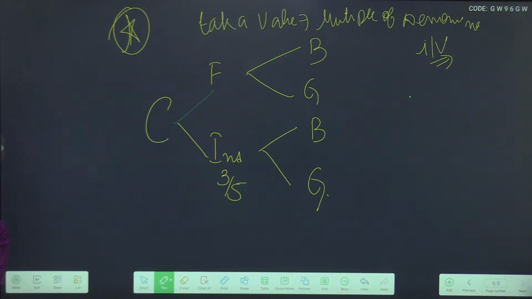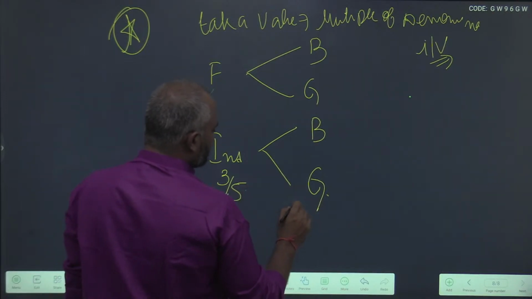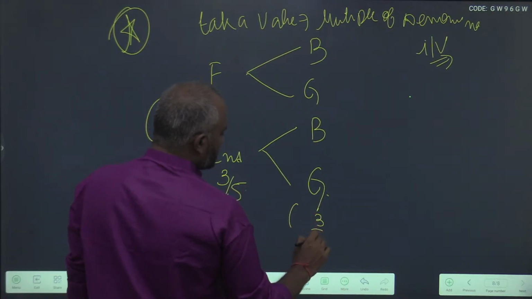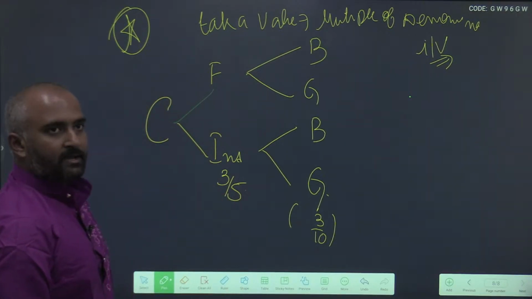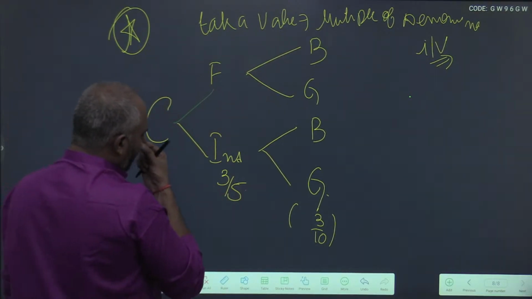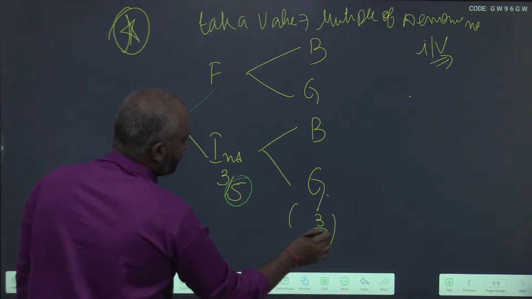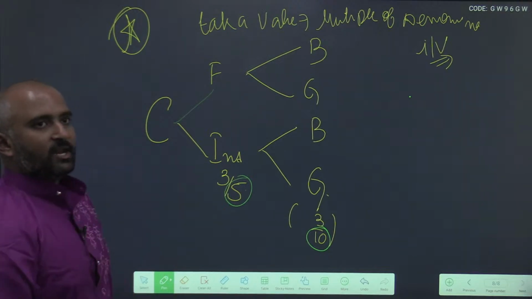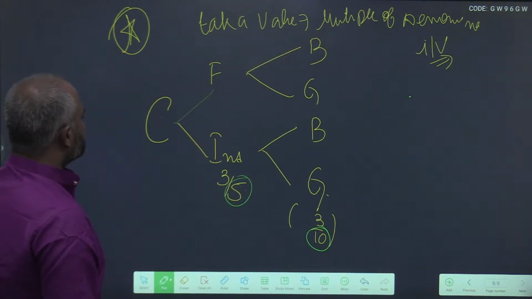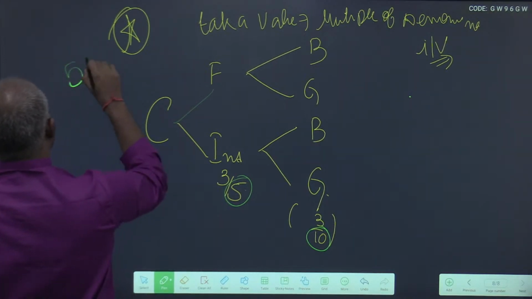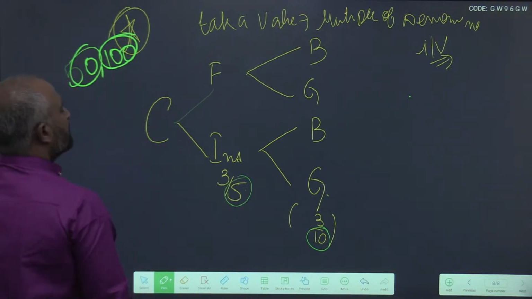And if 30% of the Indian students are girls, 30% is 3 by 10. So it is always advisable to take an initial value which is a multiple of the denominators involved, especially in such kind of problems. So either you could take 50 or multiples of 50. There will be no problem.